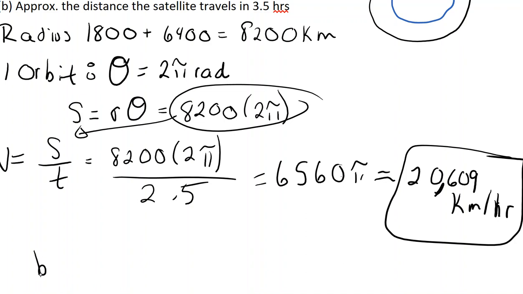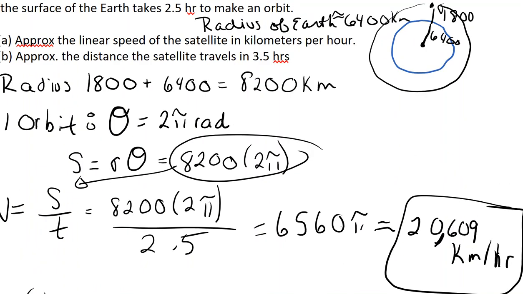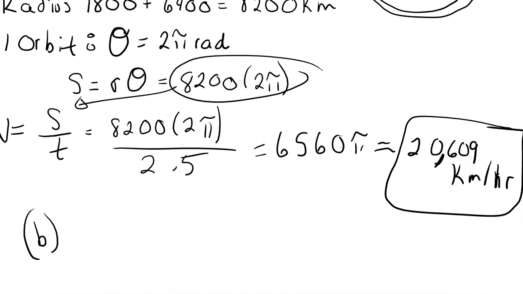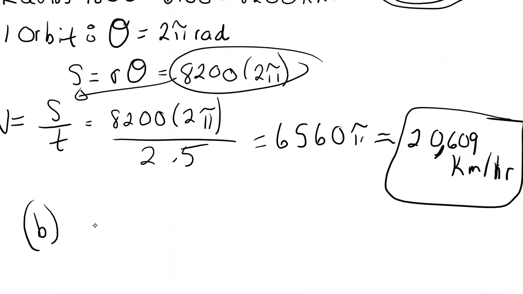And what part B is asking for is the distance the satellite travels in 3.5. So if you think about it, it goes one full orbit in 2.5 hours. So it's asking how far it will go in 3.5. So what we're going to do there is, again, use the formula arc length, that will find the distance around, equals velocity times time.